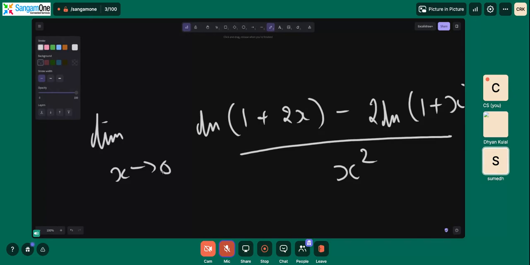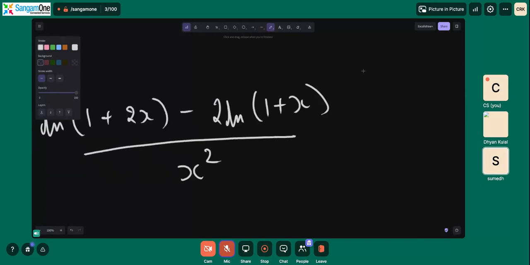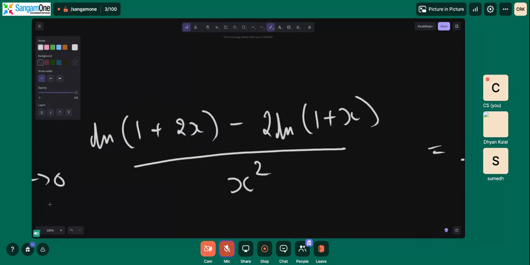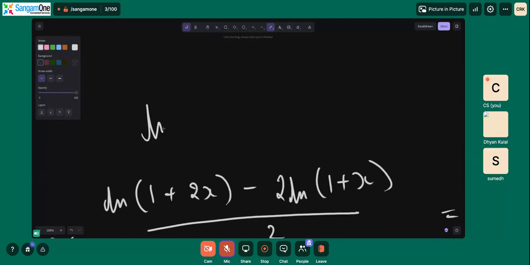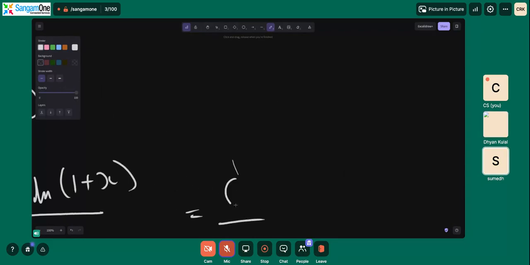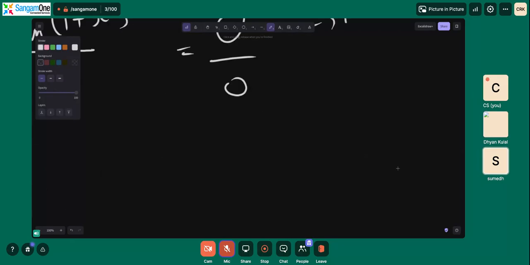If I put x equal to 0, the first term becomes 0, and ln of 1 is 0 in the others. So 0 minus 0 becomes not defined, basically. So we can apply the rule.